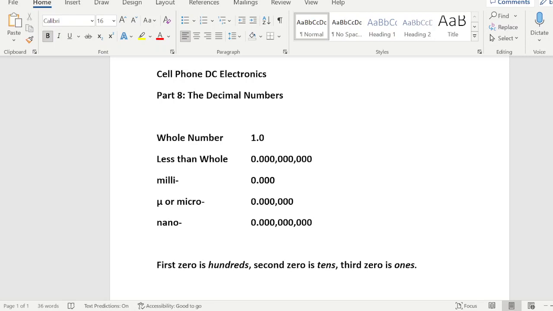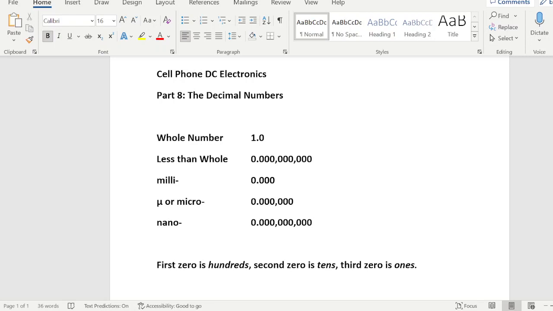Now let's move on to micro and talk about that. Now if you had 0.000001, you would have 1 microvolt. That's 1 because it's in the ones place. The third zero is the ones.